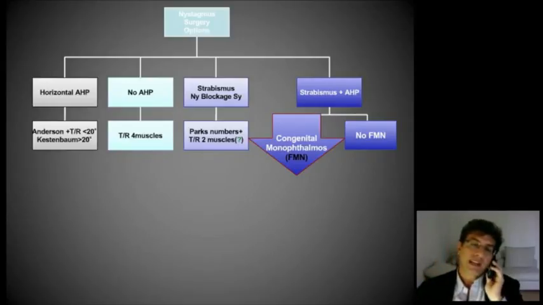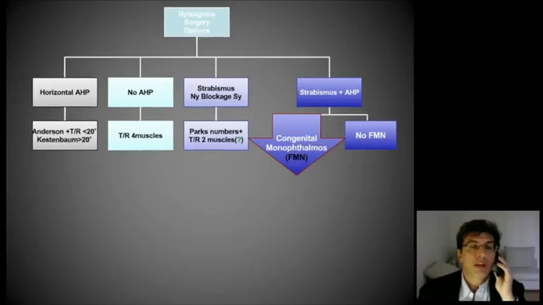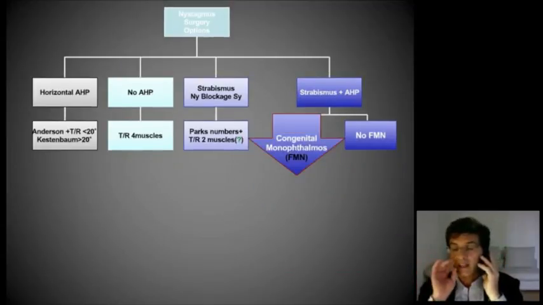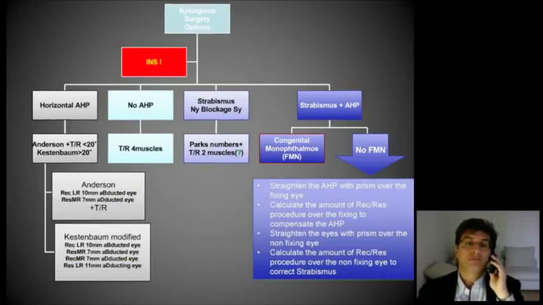This is always related to the functional maldevelopment nystagmus. In this condition, what I do is operate just over the fixing eye, and the results are quite good. But if I also have a strabismus related to this, I straighten the anomalous head position with prism over the fixing eye first.